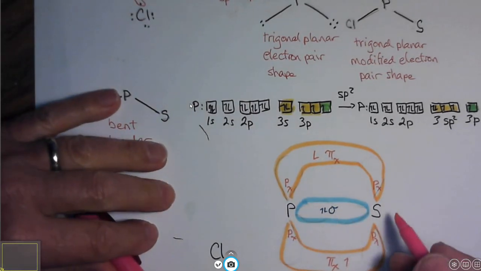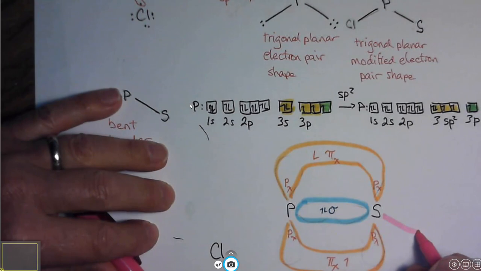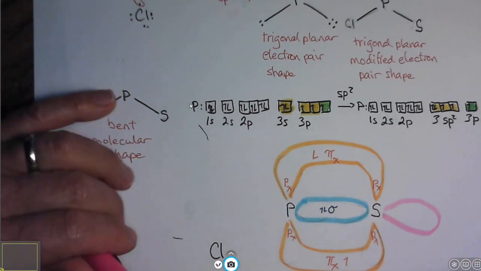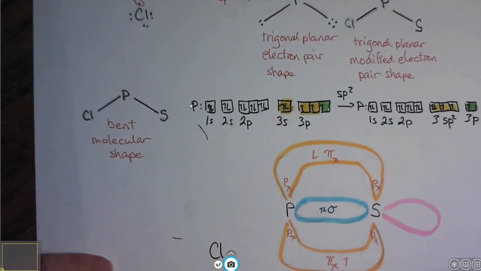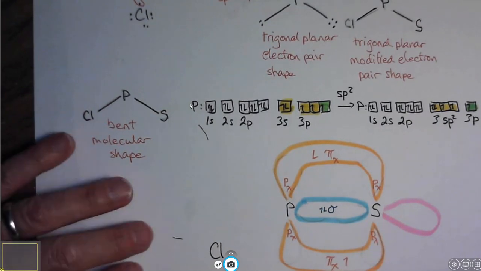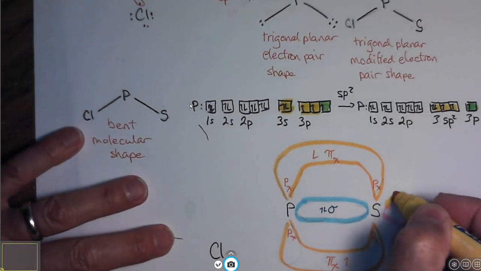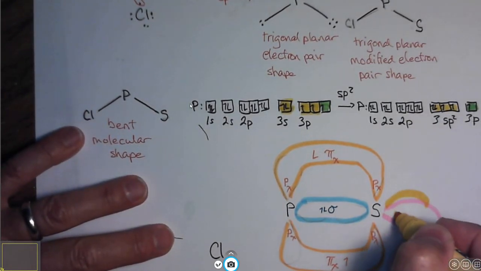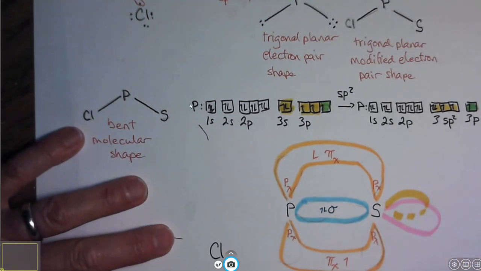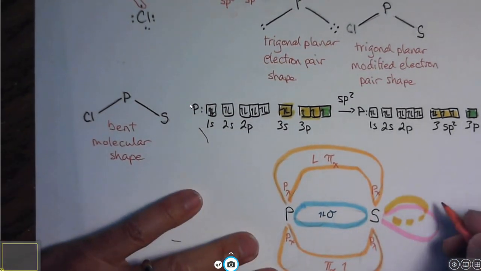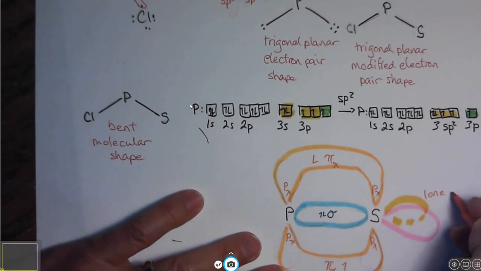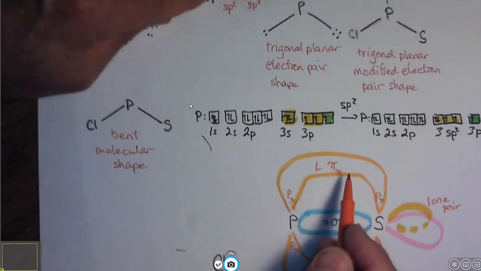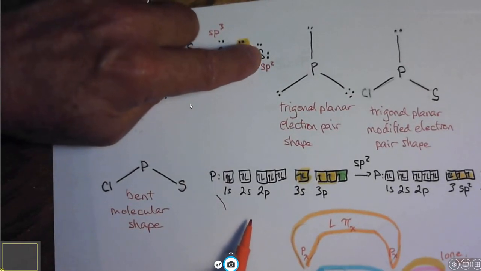So I'm going to put a lone pair coming out in front here like this. And I'm going to put a lone pair back behind that. So this is a lone pair. The lone pair has two electrons in it.